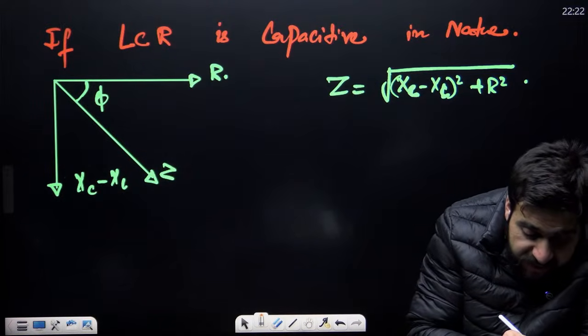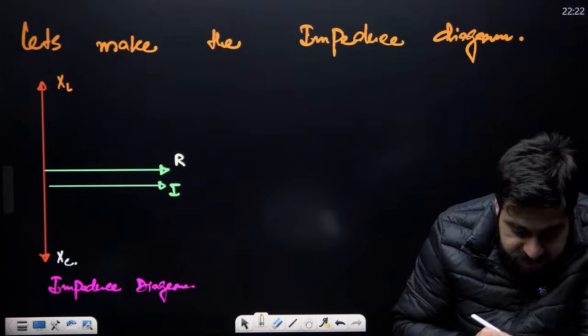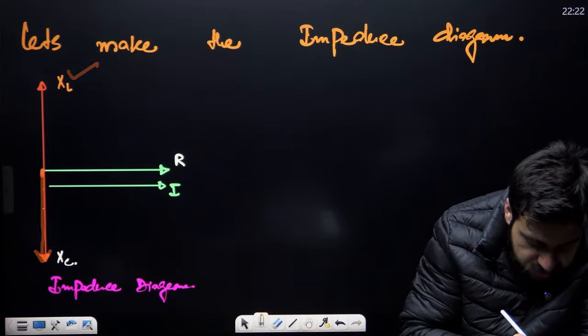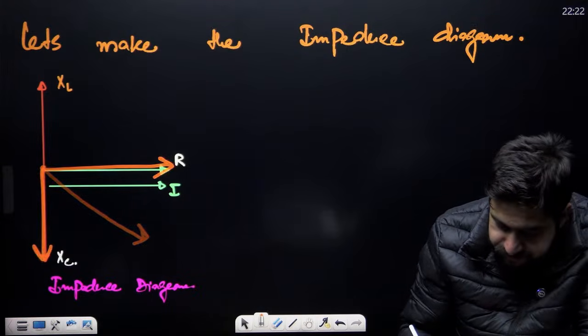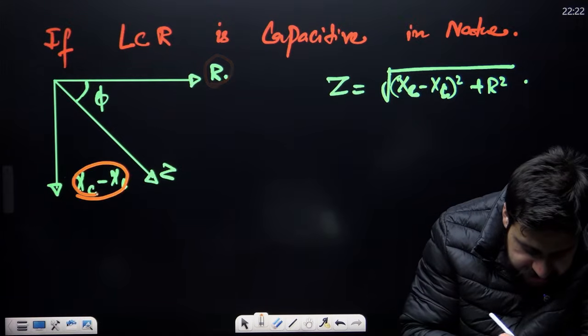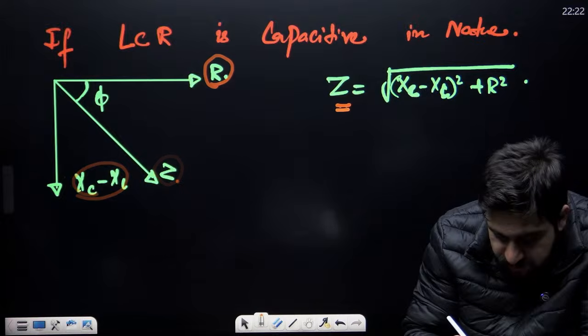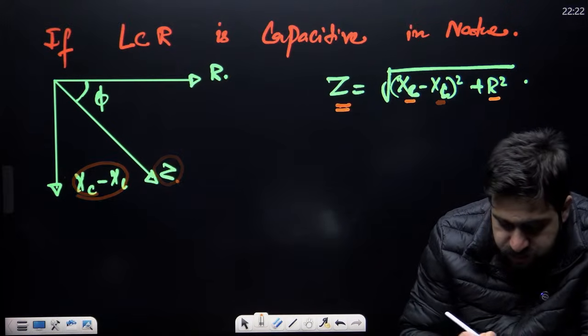Now, if LCR is capacitive in nature, that means XC becomes greater than XL. So this will be the diagram in that particular case, and this will be the resultant. This is R, this is XC minus XL, and this is going to be the resultant Z. So Z in this case will be the square root of XC minus XL whole squared plus R squared.